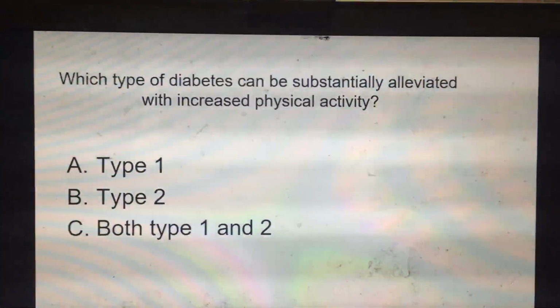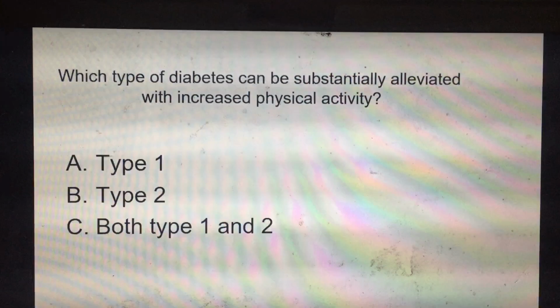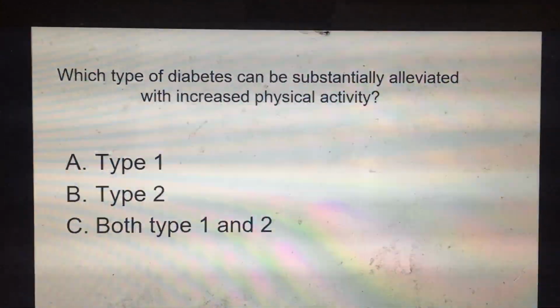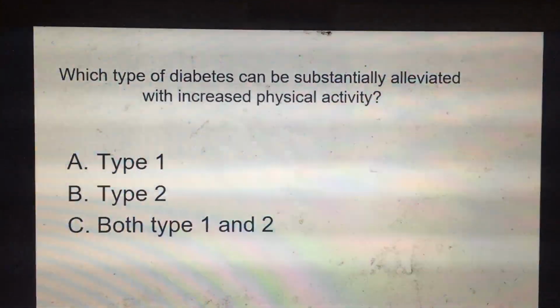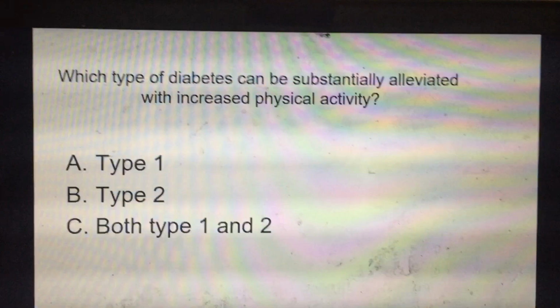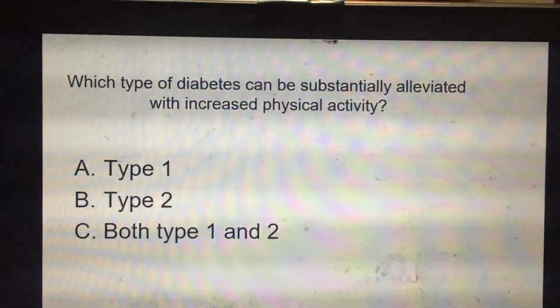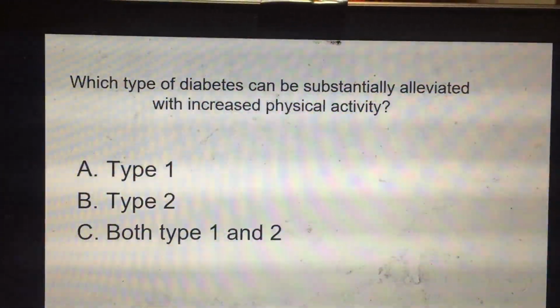Which type of diabetes can be substantially alleviated with increased physical activity? The correct answer to this one is B, type 2 diabetes. So type 2 diabetes, in most cases, is the result of obesity caused by poor diet and lack of physical activity.